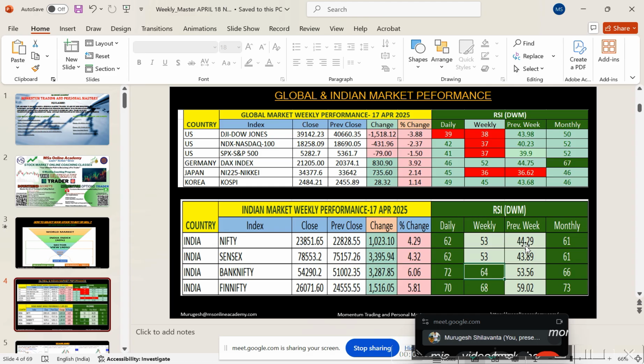You can see Nifty from 40 to almost 53, and 4% in Nifty and Sensex. We can see the momentum, and in Bank Nifty and Fin Nifty it is around 6%. So based on the pattern, Indian markets are in bullish mode, but at the same time global markets are on the downside.